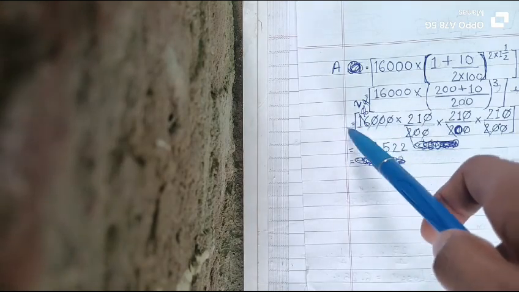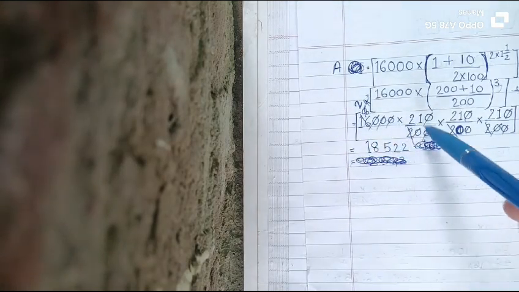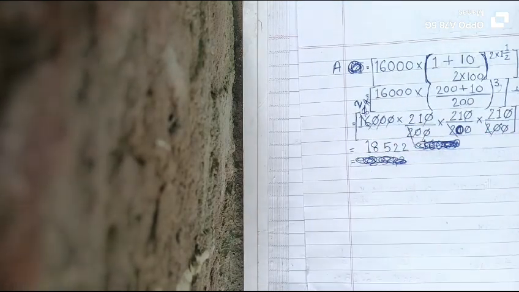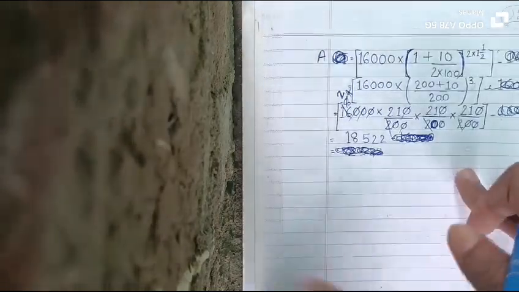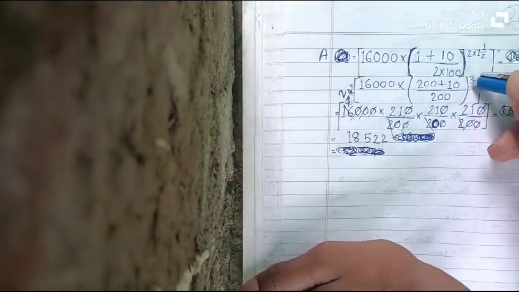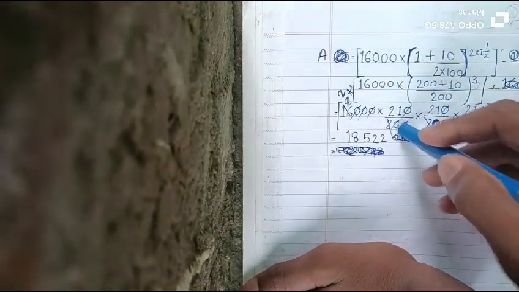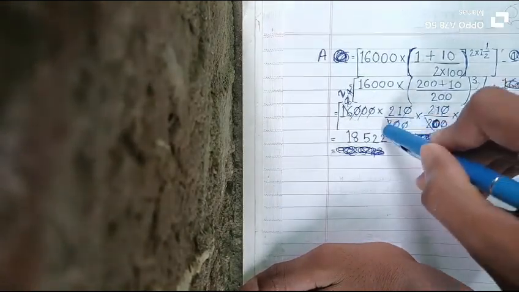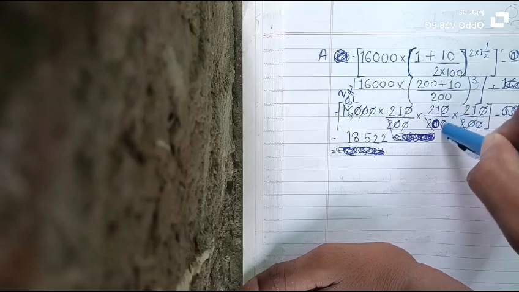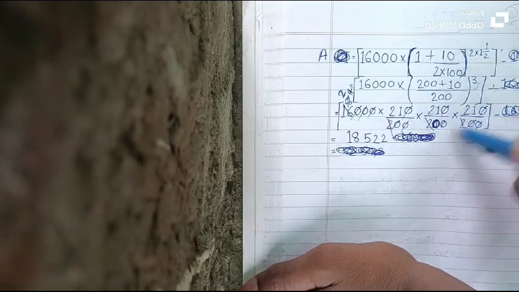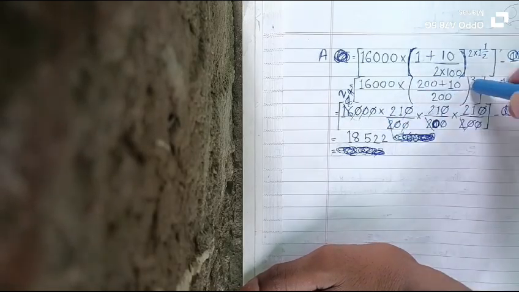So after doing all that, 16,000 into 210 by 200 into 210 by 200 into 210 by 200. We repeat it 3 times, because here we have got the power 3.